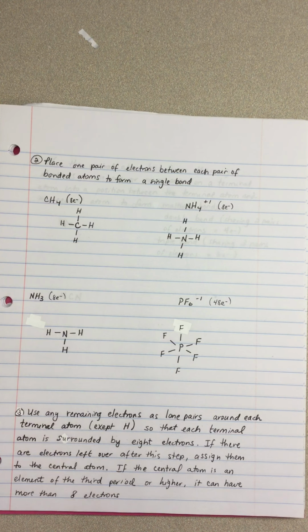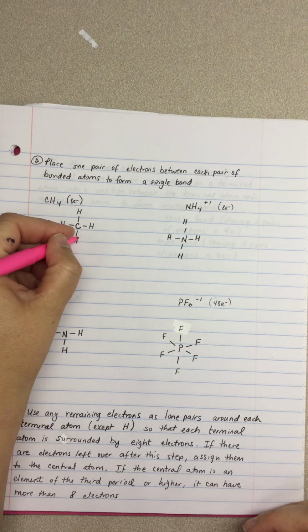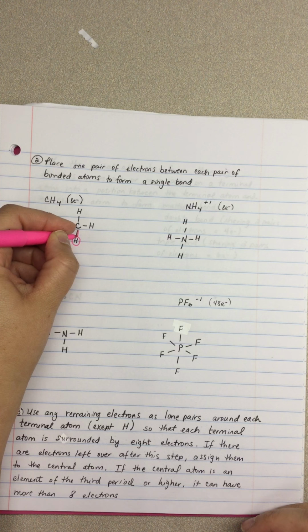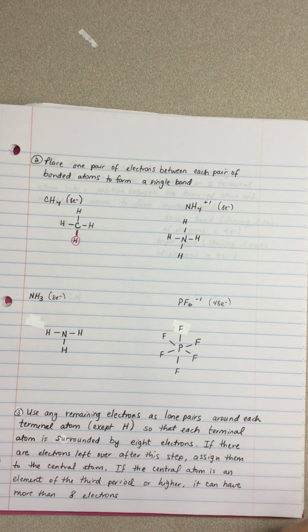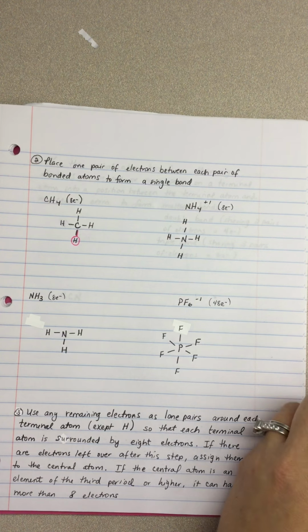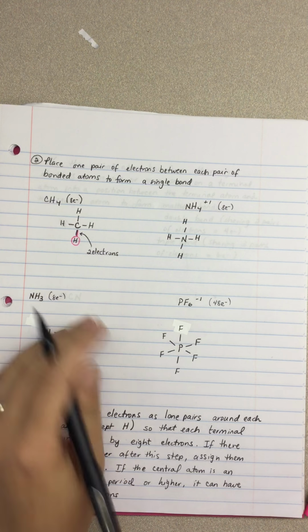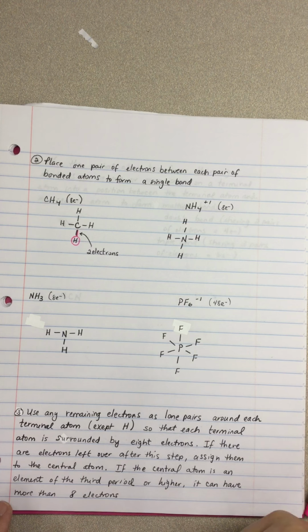For example, if you're looking at this hydrogen right here, that hydrogen is sharing that line with the carbon. That line right there represents 2 electrons.